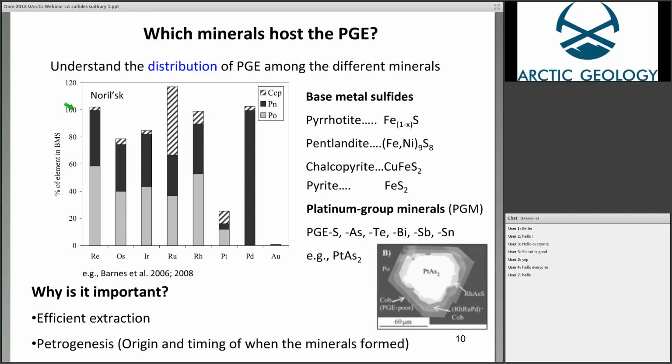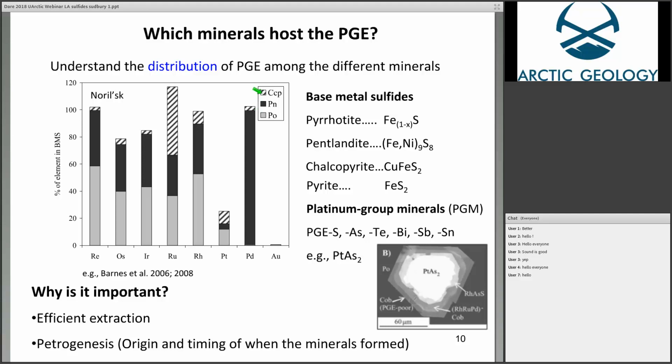This combines your laser data with your whole rock, and I'll explain in the next slide how you get here. It shows you that for this example at Norilsk, you see 100% of rhenium, nearly 100% of rhodium are hosted in the different sulfide phases.